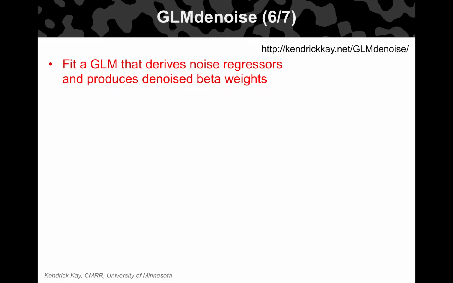So in the task domain, what's typical is to take your time series data and use a GLM of some sort to estimate evoked responses in each voxel. So kind of a univariate regression model. And it would be nice if we knew what the noise was, because then we could straightforwardly incorporate noise regressors into the GLM and attempt to get better estimates of these amplitudes, otherwise known as beta weights. There are flavors of this throughout the literature.